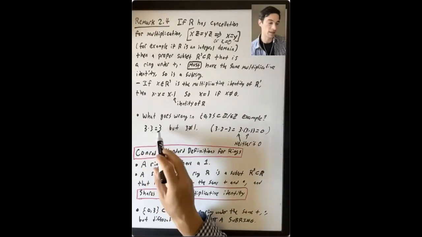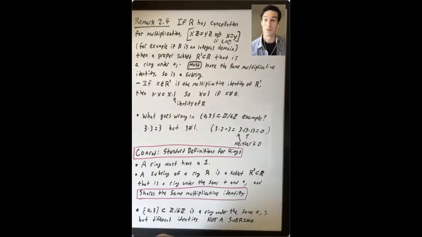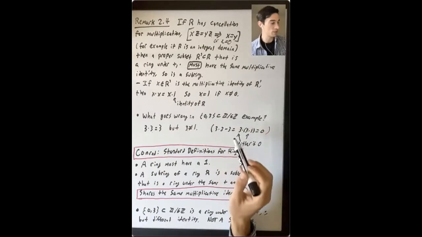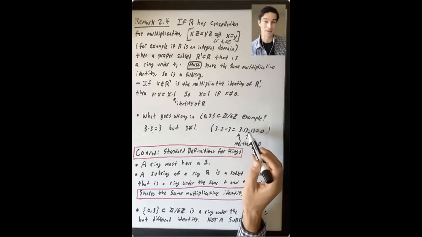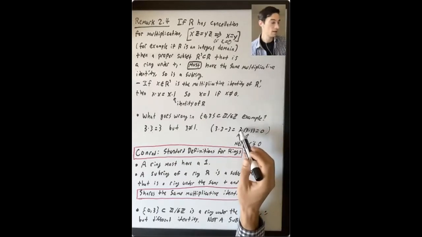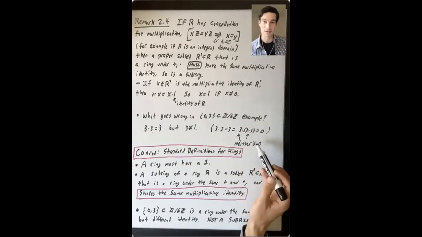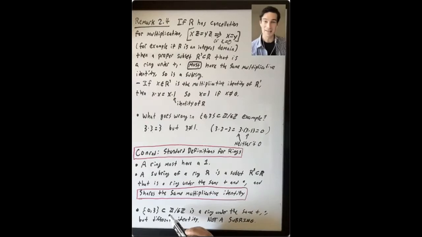I mean, 3 times 3 equals 3. If you remember how the cancellation property proof worked in an integral domain, you subtract and you get 3 times 3 minus 3 equals 3 times (3 minus 1) using the distributive property. And these two things are multiplying to 0, but neither one of them is 0. So in Z mod 6Z, that's just life.